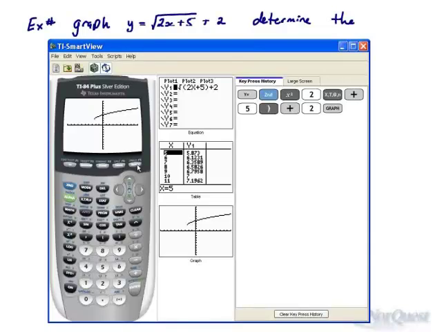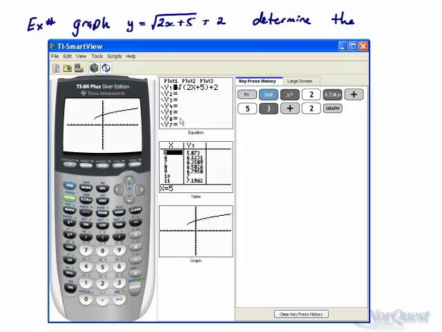The range you could probably find using your calculator, but now that I've got a picture, I'll even show you how to do that algebraically as well. So you'll see that this graph opens upward, and it basically goes to the right side of the screen. There's nothing on the left, and there's nothing down below the x-axis in this case. So I just wanted to show you the picture first.